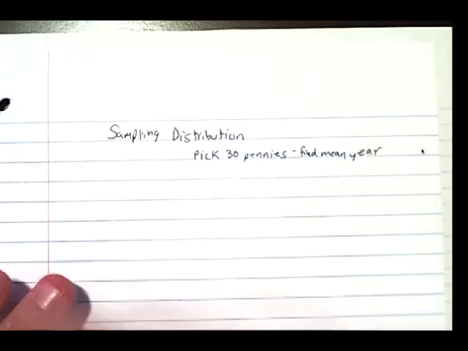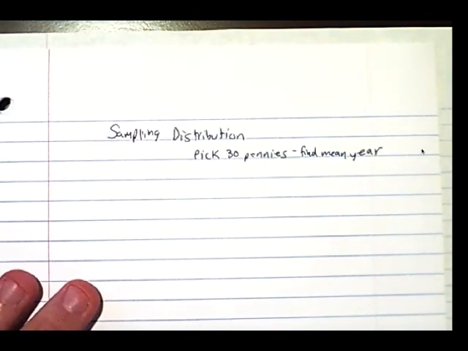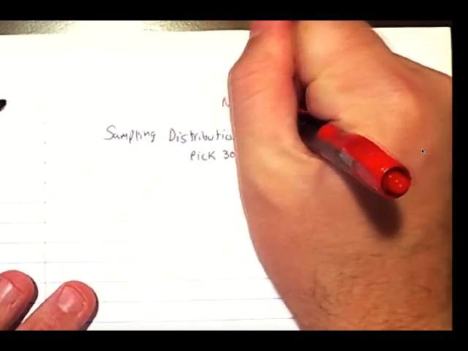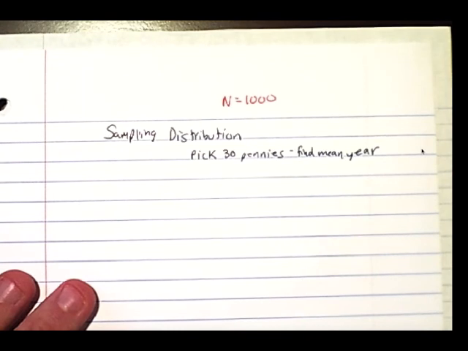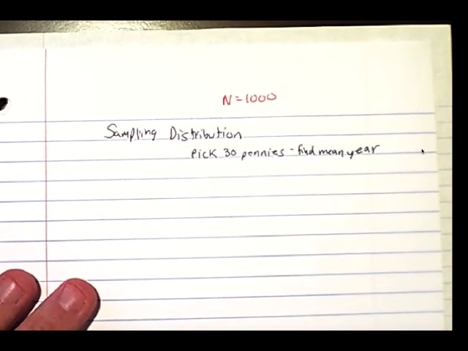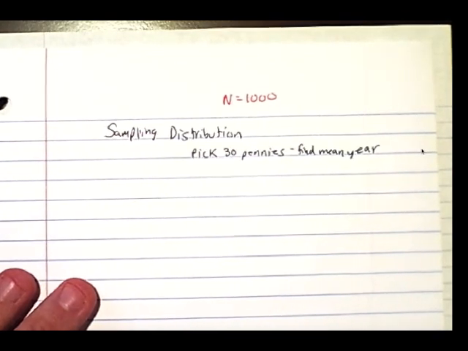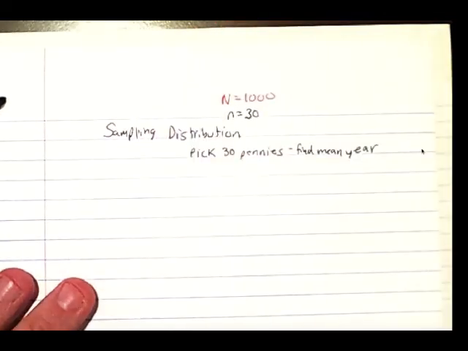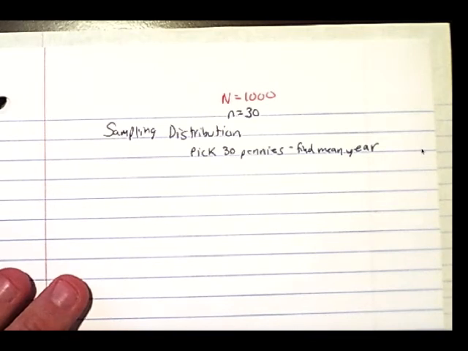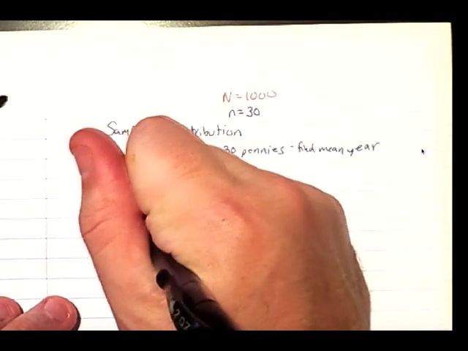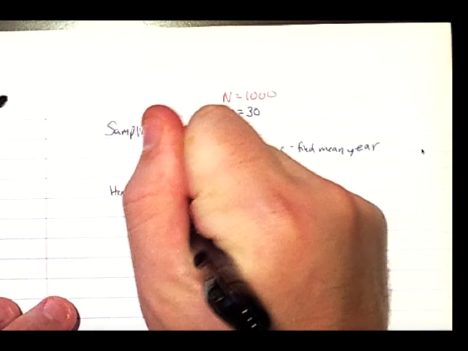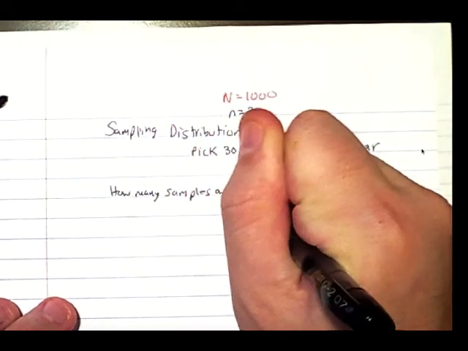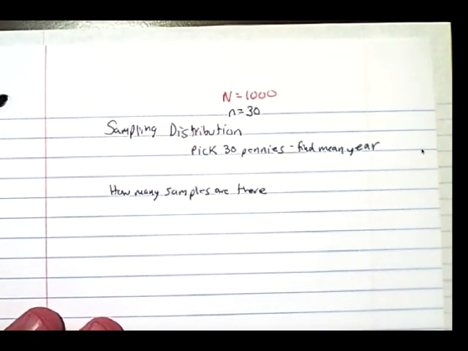In that big tub of pennies I have, there's actually just about 1,000 pennies. So the population size of pennies is 1,000. And my sample size that I'm telling you to take is 30. Now the question is, how many different samples are there?